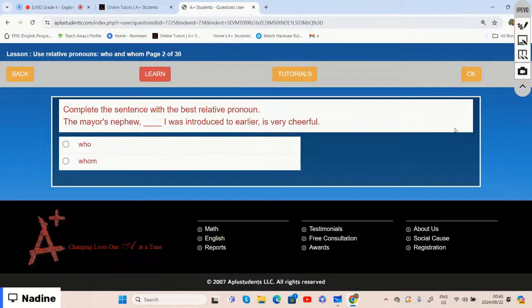So we said the mayor's nephew. Do we say who or whom I was introduced to earlier is very cheerful? Just this last one, and then we are done. All right, so whom it is, right?